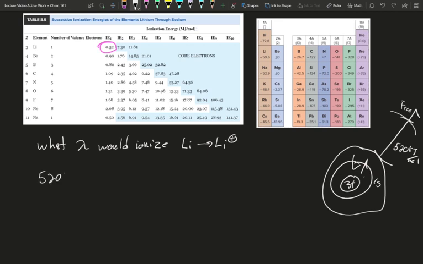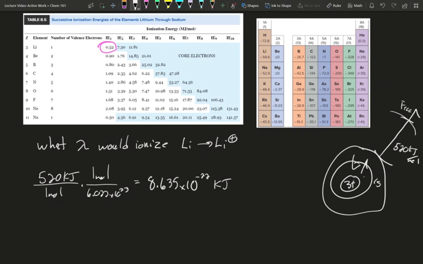I know it's 520 kilojoules in 1 mole, and that 1 mole is 6.022 times 10 to the 23 things, so 1 mole of electrons. We will find that is 8.635 times 10 to the negative 22 kilojoules. This is the energy per electron, so it's the energy for 1 electron to get knocked off.